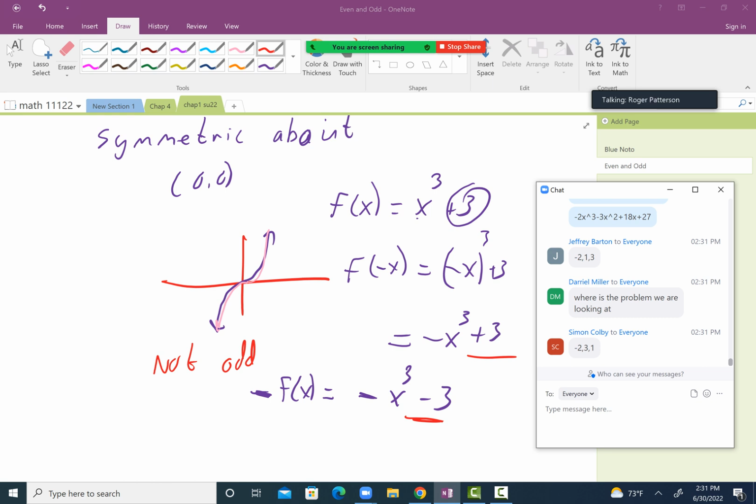We're looking at the first one that I put in there, the x cubed minus 2x squared minus 5x plus 6. That's the one we're looking at. If you look in the chat, you'll see it in there.